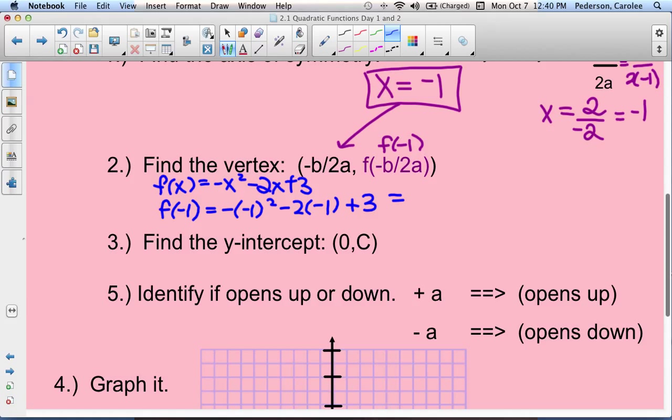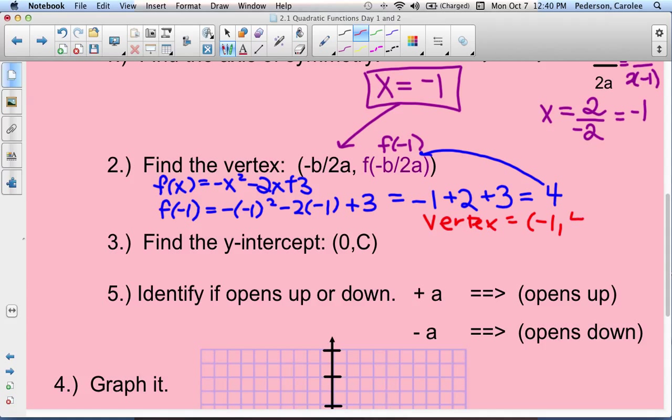So negative 1 times negative 1 is 1. We still have a negative out in front, then negative 2 times negative 1 is positive 2, and then plus 3. Now we simplify that. Negative 1 plus 2 is 1. 1 plus 3 is 4. So there's now our y value. So our vertex is negative 1, 4.